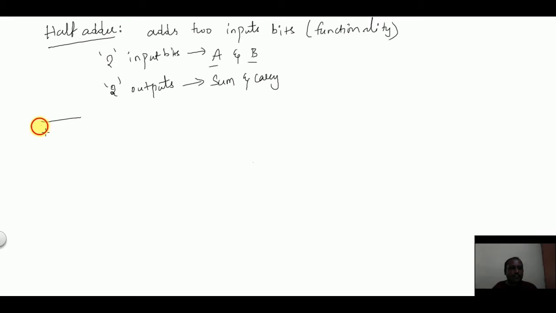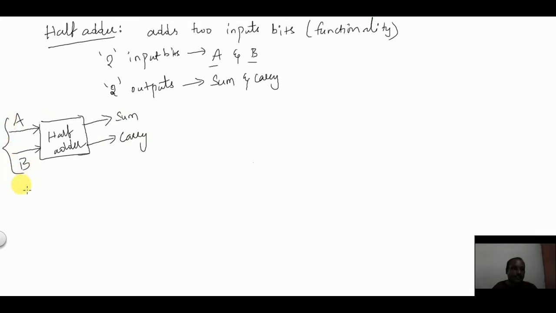If you draw the block diagram of half adder, this is the half adder. Any arrow into the block is called an input. There are two inputs, so there will be two arrows into the block, A and B, and two arrows out of the block, which are the outputs, sum and carry.